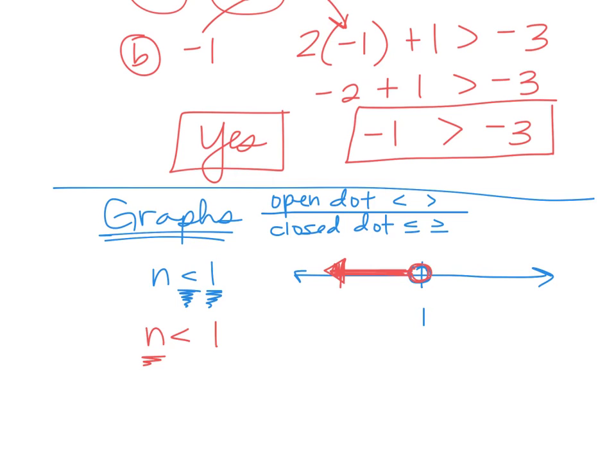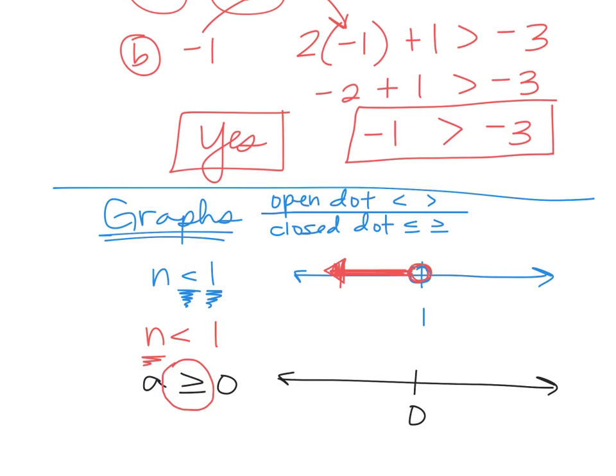Okay, so if my inequality is a is greater than or equal to 0, what's the one number that has to go on my graph? 0. Okay, so we're going to put a 0 here. Now you look at your symbol. Is this symbol going to get me an open dot or a closed dot at 0?